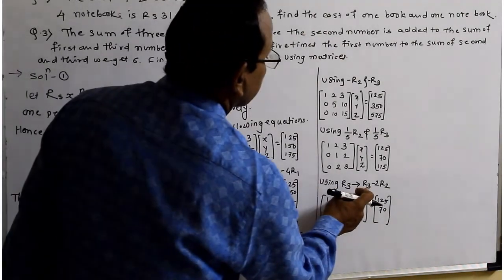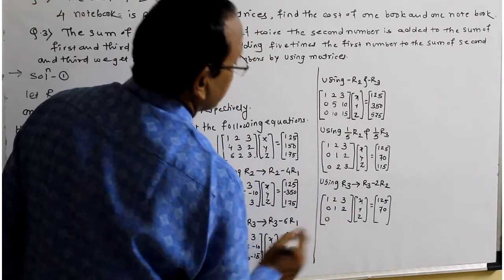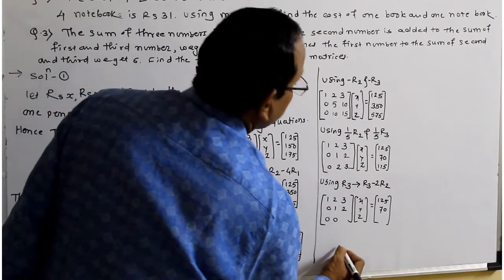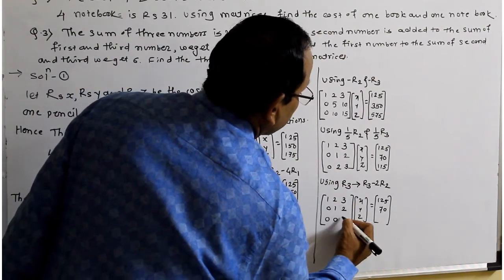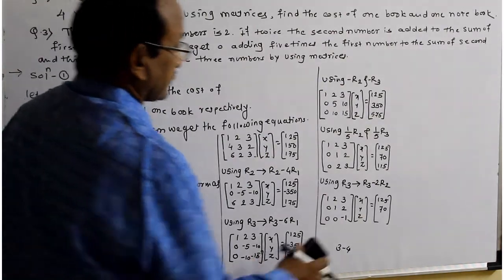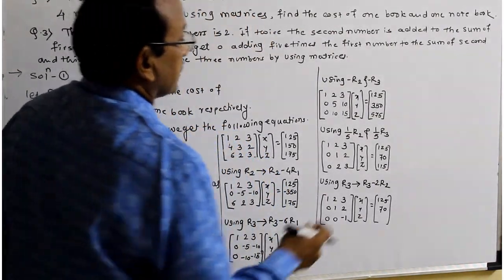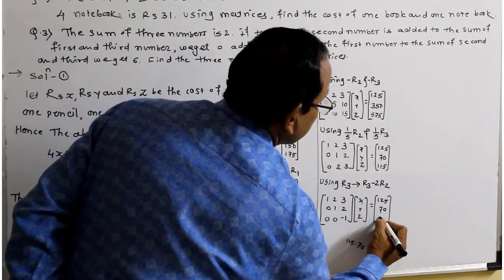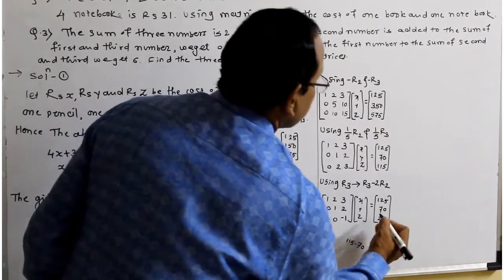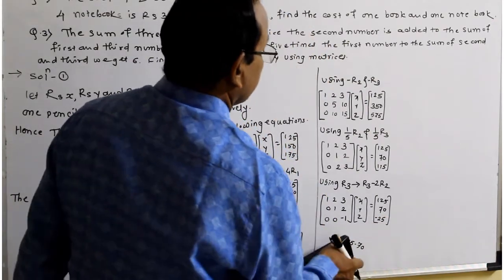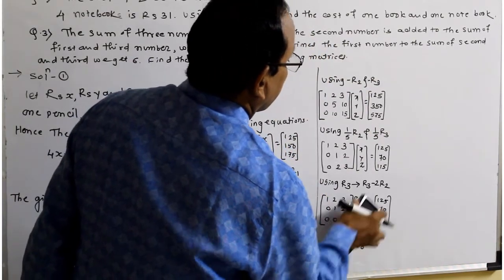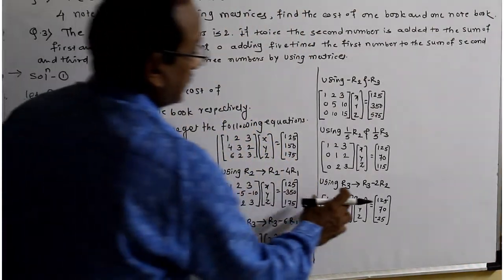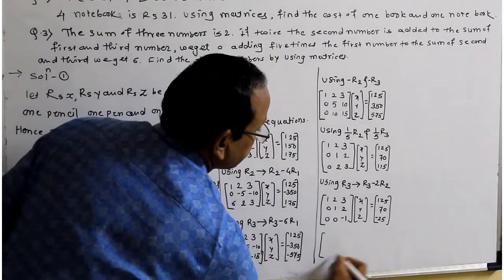Then R3: 0 minus 0 is 0, 2 minus 2 is 0, 3 minus 4 is minus 1, and 115 minus 140... 150 minus 70 which is 25, minus 25.